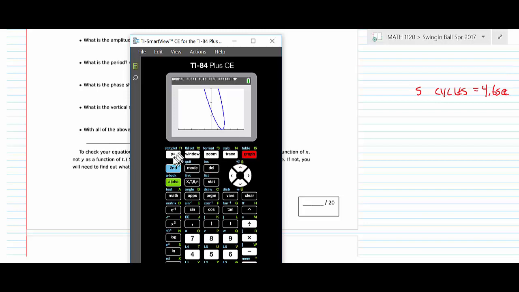So the other thing that you want to do is you want to set this so it does the ball. And different calculators do this different ways. What I do on mine is I go with the left cursor until I'm blinking on that. And then you just press enter, and you go down to this thing that says line. And then I think what you do on that is you just keep pressing enter until that, whoops, I'm doing the wrong thing.